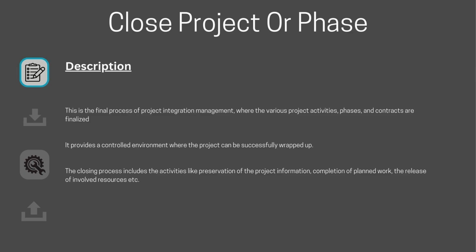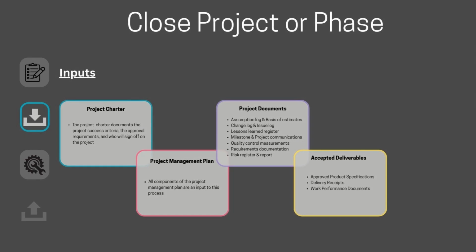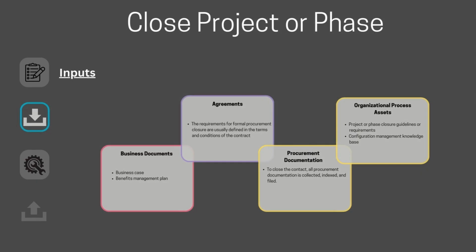The same process is triggered by the inputs. The inputs to this process would be the project charter, project management plan, and project documents, as well as the acceptance of the deliverables. Other inputs should include business documents, such as the business case, benefits management plan, and agreements, as well as procurement documents.